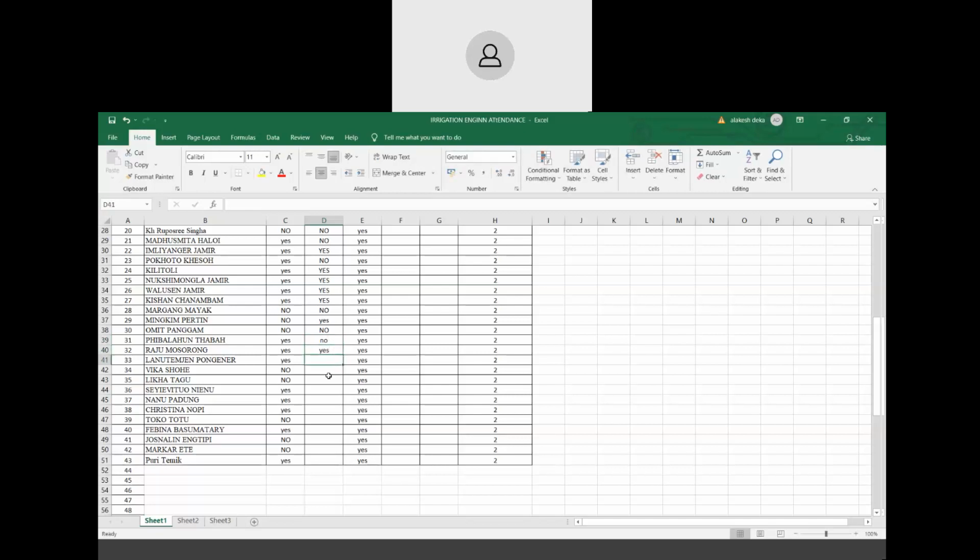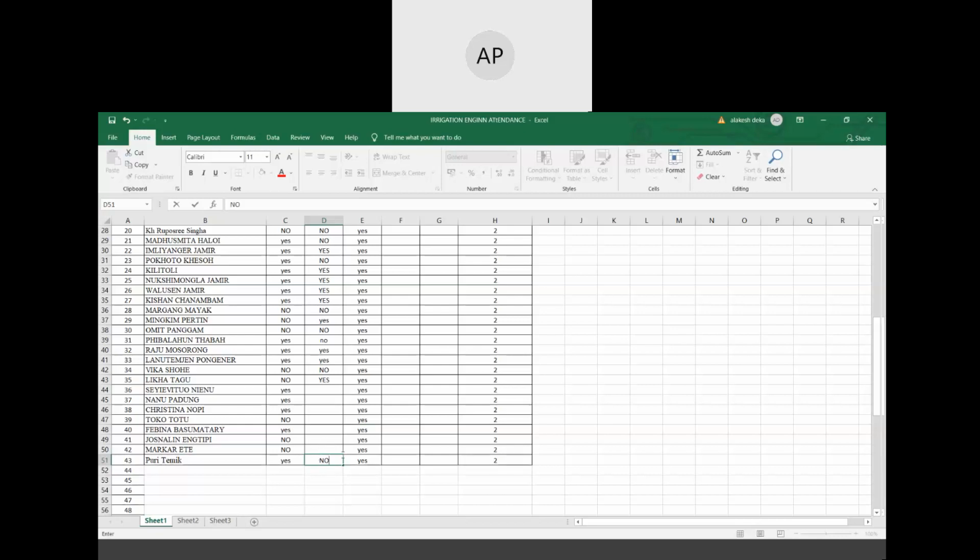Lenu Tamzen Ponginer, present, ma'am. Vikasohe, Likatagu, present, ma'am. Next, Puri Tamik, absent.